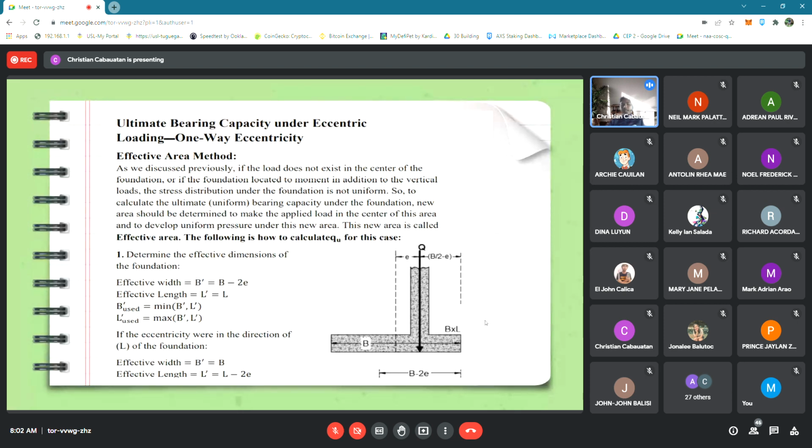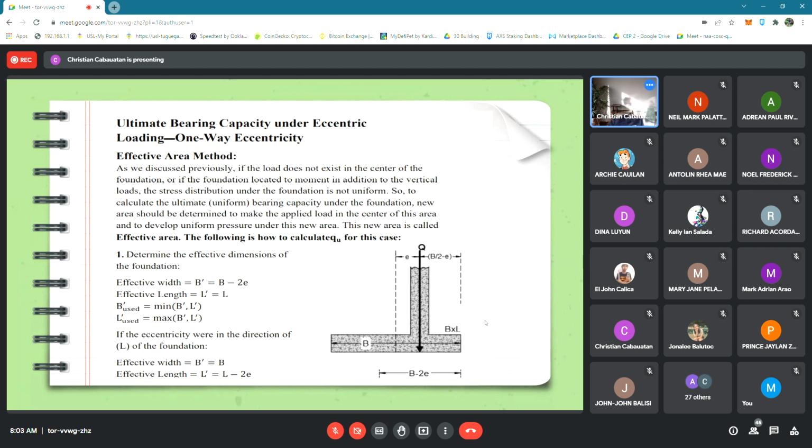Therefore, it is not the original dimensions of our foundation. For the effective width, we will be using B prime. To solve for B prime, it is derived as B minus 2 times its eccentricity. And for the effective length, L prime, it is equal to L.